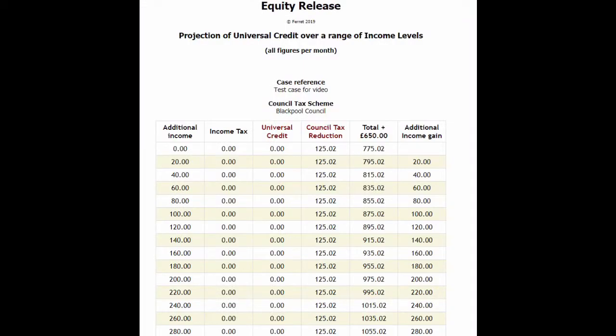For income for a mixed age couple, again we look at two different sets of calculations. The first one where universal credit applies, and again this mixed age couple where the older person has a state pension, we have no entitlement at all to universal credit from the very beginning.